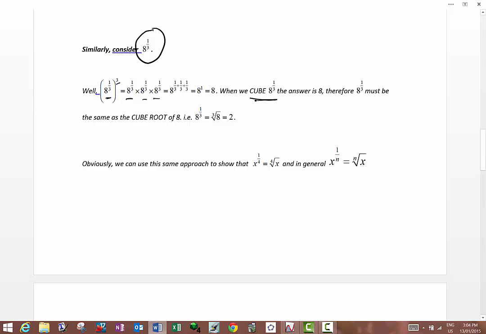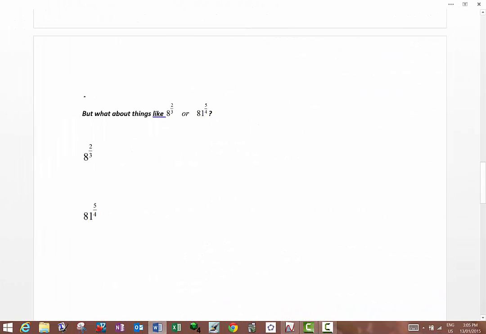So when we cube 8 to the third, the answer is 8. Therefore, 8 to the third must be the same as the cube root of 8, and of course that is 2. We can use the same approach to show that x to the quarter is the fourth root of x, and in general, x to the 1 over n is the nth root of x.